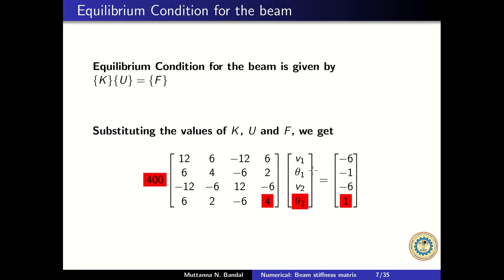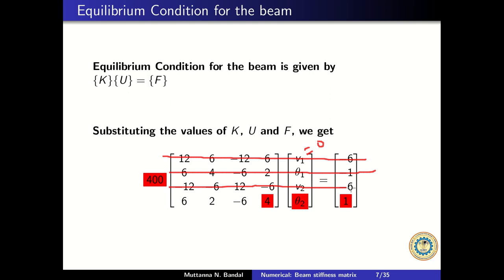So once this is done, wherever the nodal displacement vectors are 0, those rows will be cancelled. So I will cancel this one because v1 was equal to 0. So I will cancel this row because theta 1 was 0.